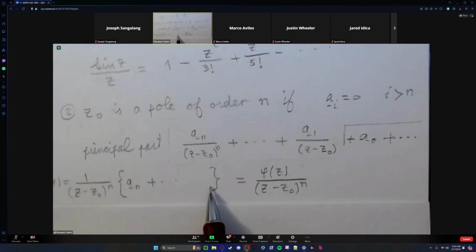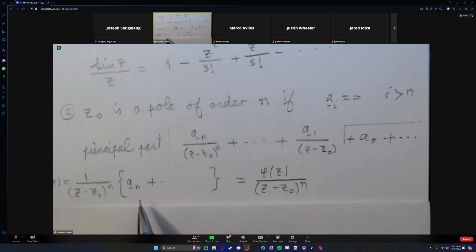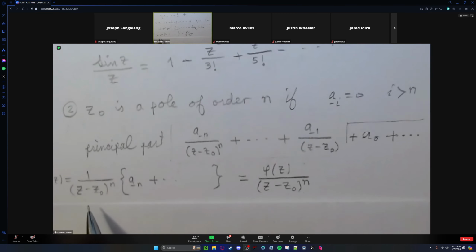And this part is a power series, right? And it's an analytic part, and is not zero at z0 because we know that a negative 1 is not zero. So this gives us a very good understanding of a pole of order n.